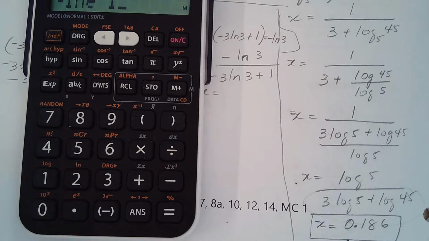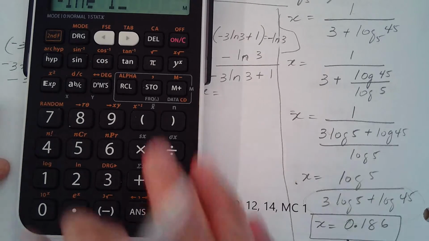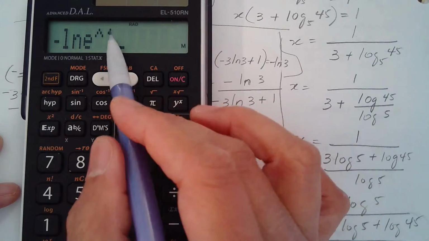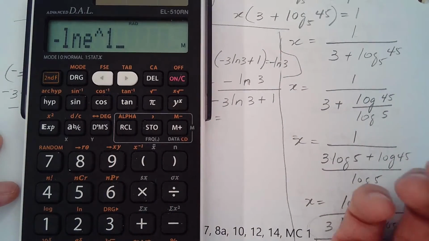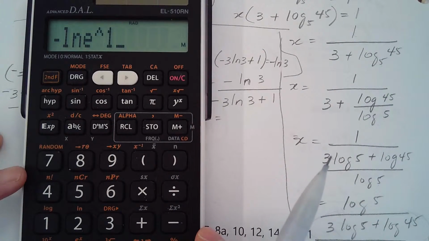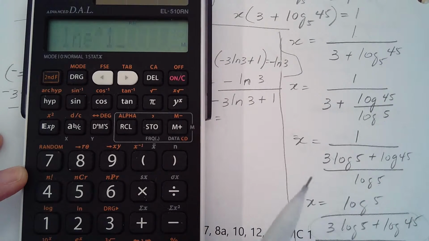Okay, then for me to do that, I just have to go e to the 1, right? Because e to the 1 is e. Whenever I just type that in, it just gives me one.